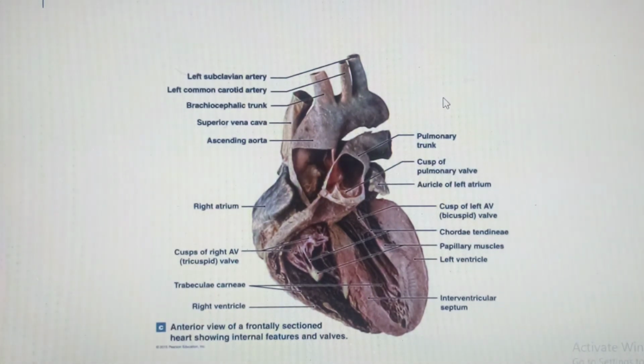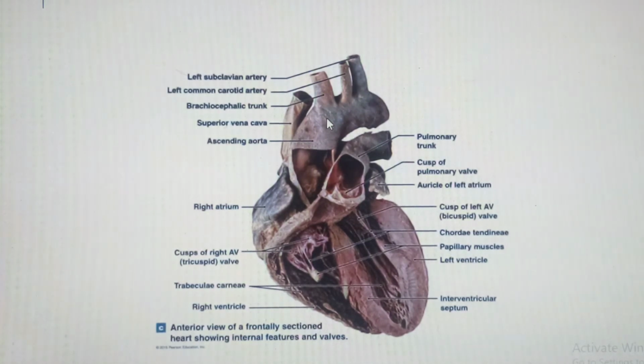If less blood, then less blood will get into the left atrium and eventually the left ventricle, and then less oxygenated blood will be pumped to all parts of the body except the lungs. So it means that the body parts will be starving of oxygen. There will be hypoxemia and of course hypoxia to these cells. So that's another sign that we are going to see, pulmonary stenosis, narrowing.